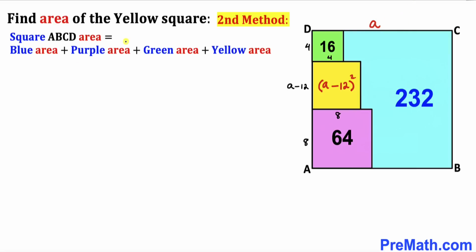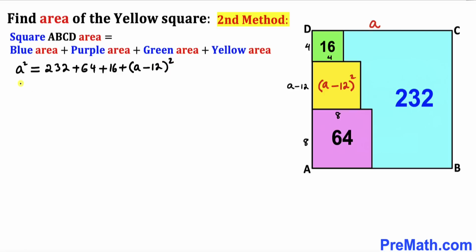So let's go ahead and fill in the blanks in this equation. So we got a squared equal to 232 plus 64 plus 16 plus (a minus 12) squared.